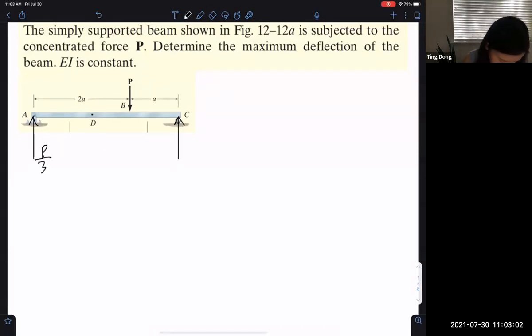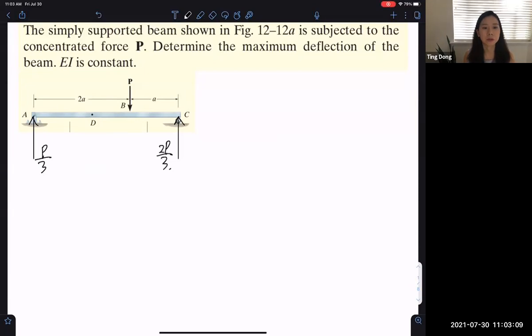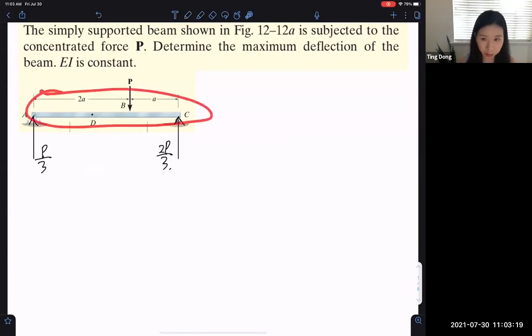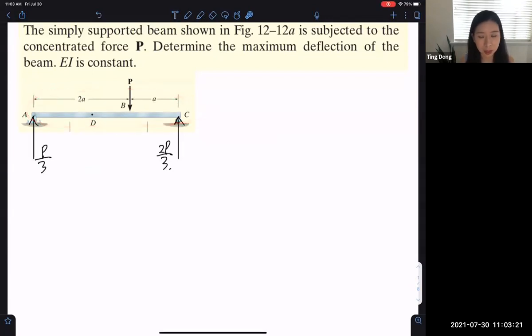This should be 2P/3 and a third of P. You can use the free body diagram and equilibrium equation of the whole beam to calculate, but here, to save some time, I can explain. Force in the y direction: P downward, these two together, P upward. That is the force equilibrium in the y direction, and also the moment equilibrium.